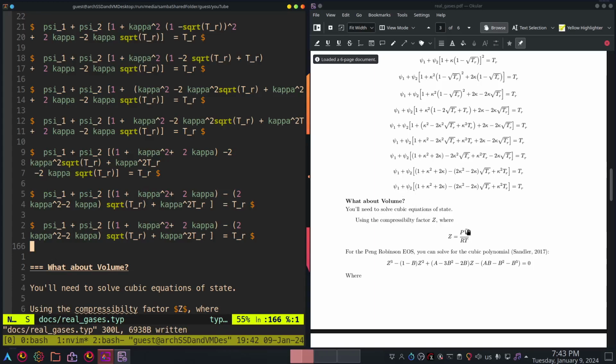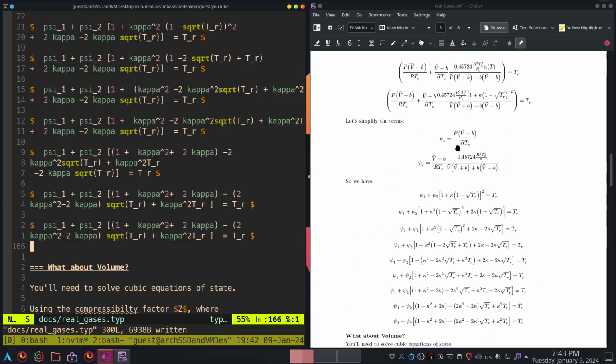So psi 1, just make sure all these are dimensionless. This is a dimension of P times V over RT. So that's a Z, or rather compressibility factor, in other words, a ratio. Let's see what the units of psi 2 are like. The volumes here mostly cancel out.